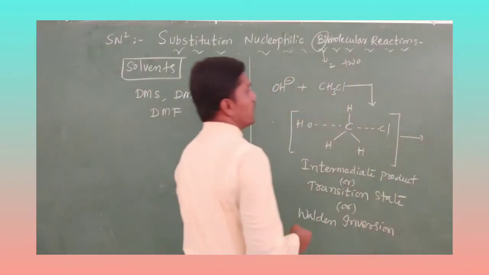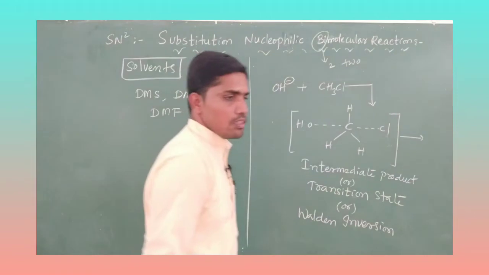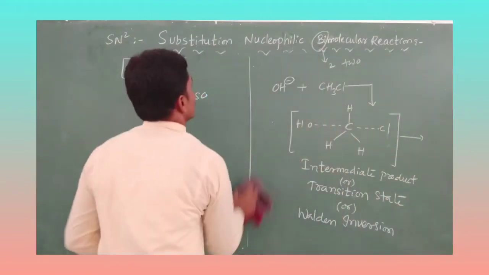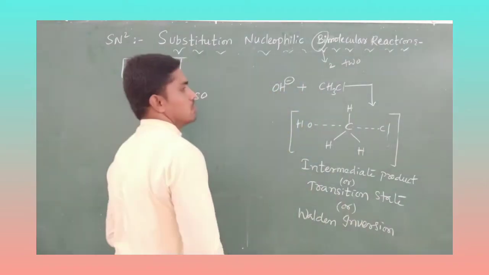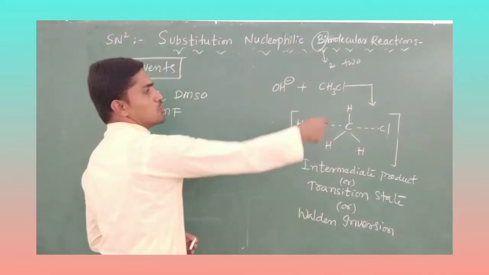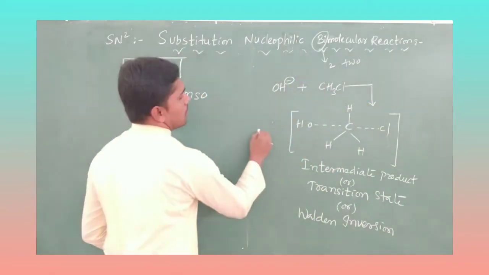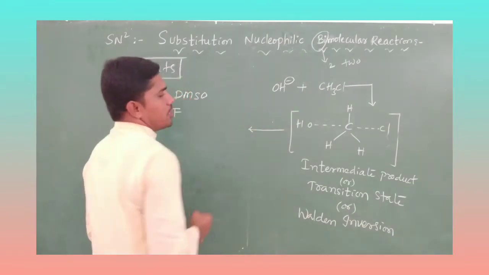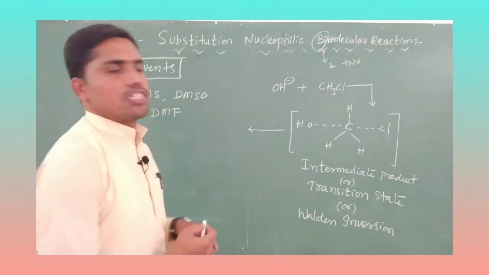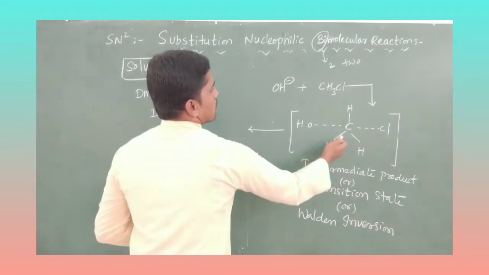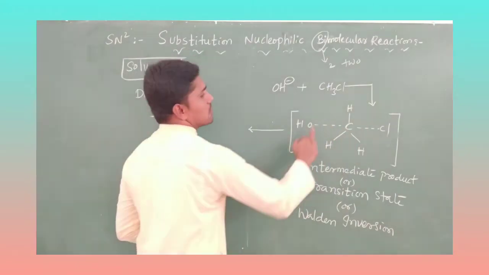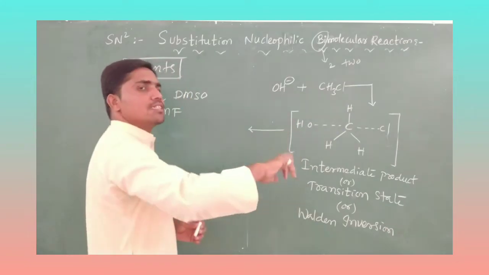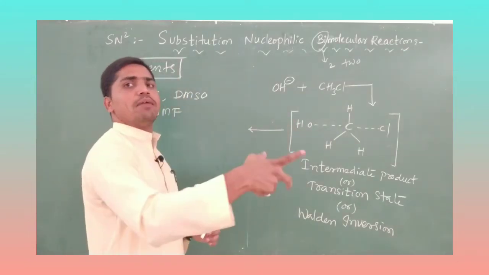What type of product are we getting? Don't confuse, we don't have space there, so we use the arrow towards the left side. In the intermediate product, the bond making and the bond breaking take place at the same time.